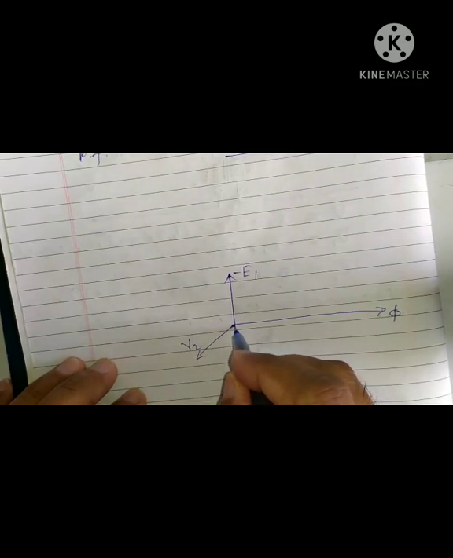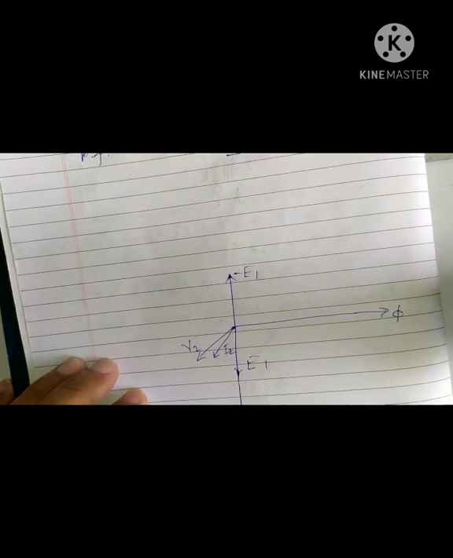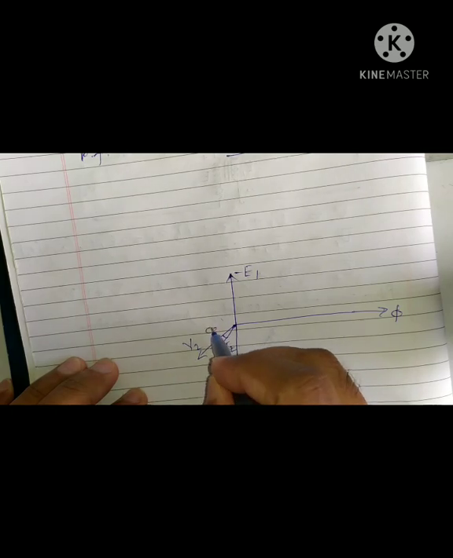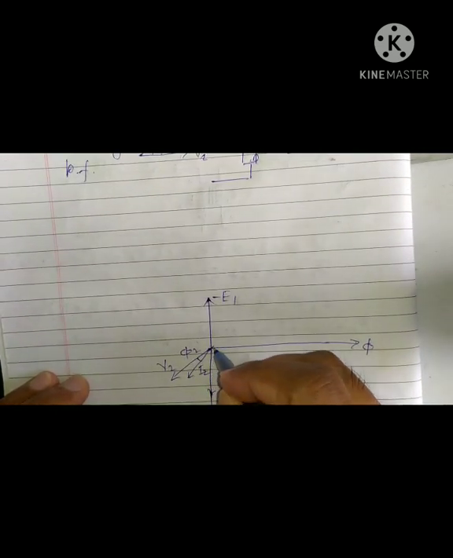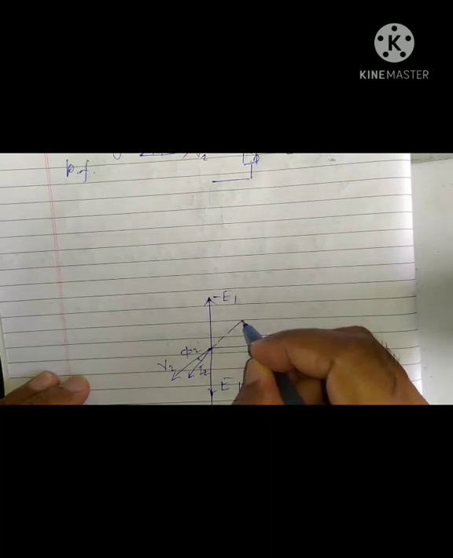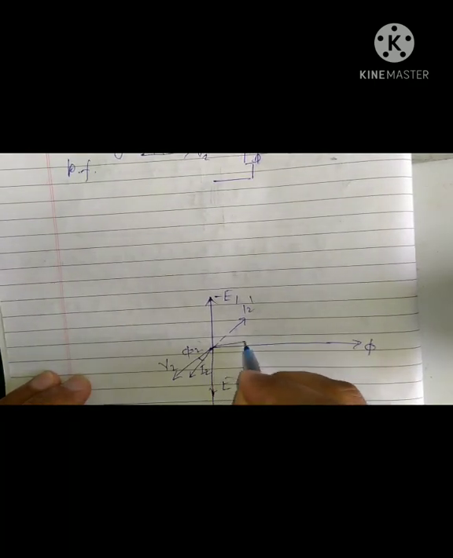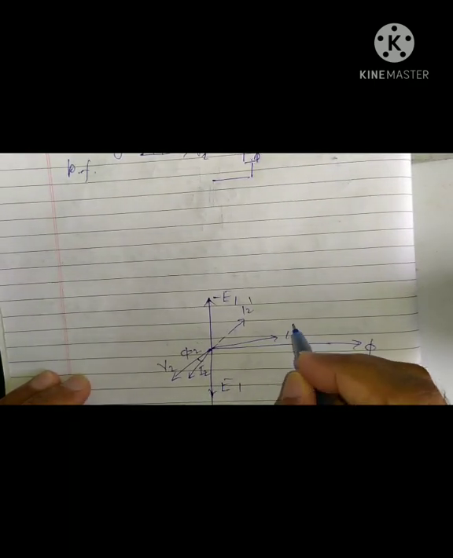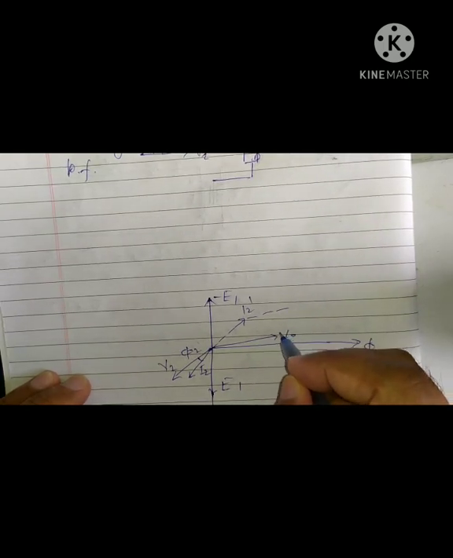I told you that I2 is leading V2. So I2 is shown here, leading V2 by angle phi 2. If I2 is shown like this, I2 dash will also be available, that is the reflected current. So this is I2 dash. I0, we know, and I0 and I2 dash will give I1.